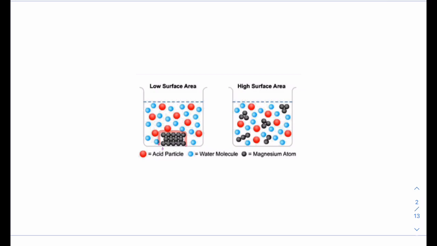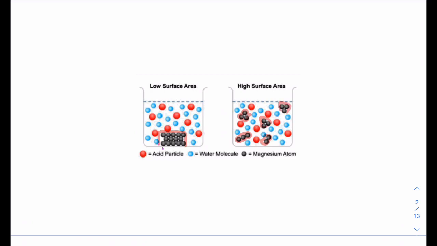So there's only a tiny bit of area that the reacting particle can hit. Whereas if we're here, the particles can hit all around there and all around there. So there's lots of space for them to hit and react with each other.